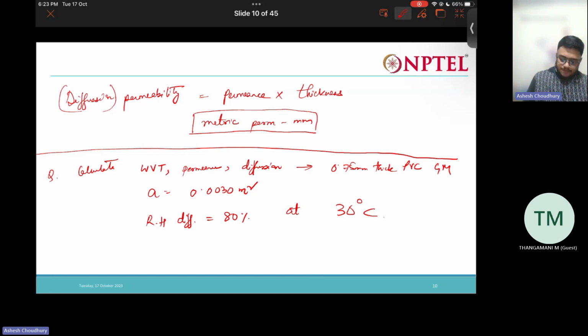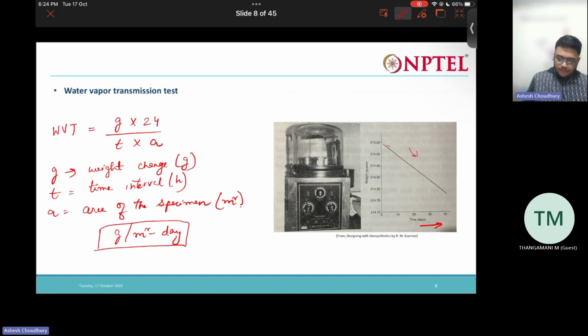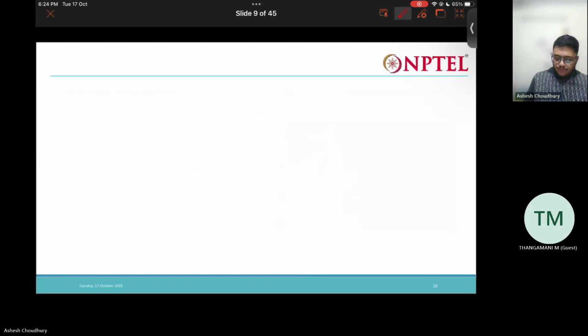So the test data is given in the previous slide. That means this one. If you see from here, you can find out that in 40 days, approximately 0.216 gram weight is lost.